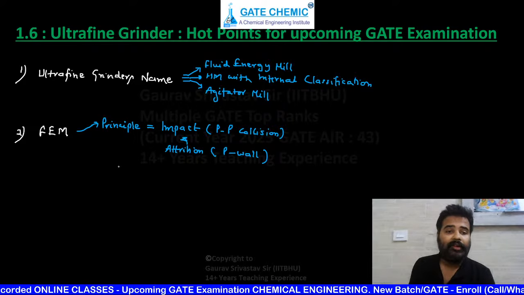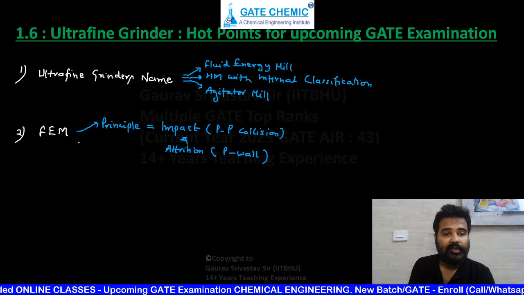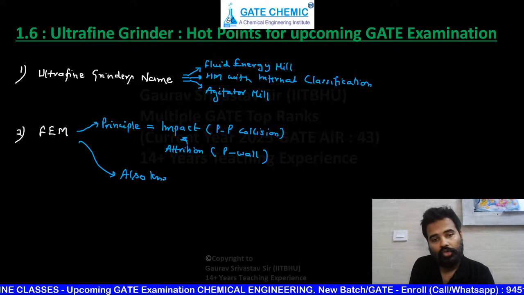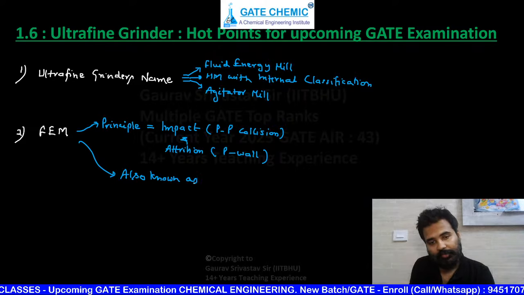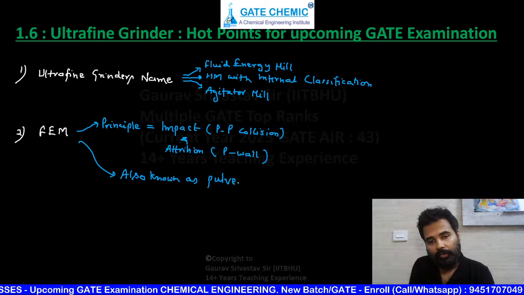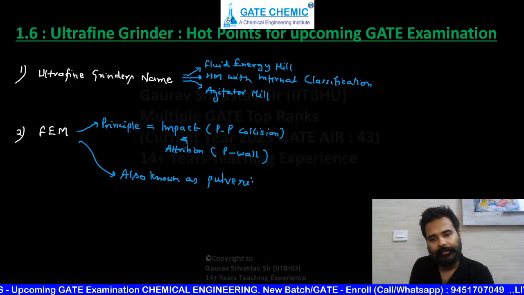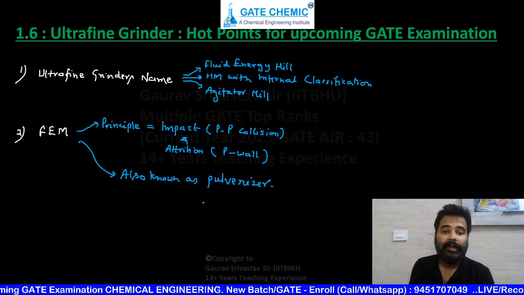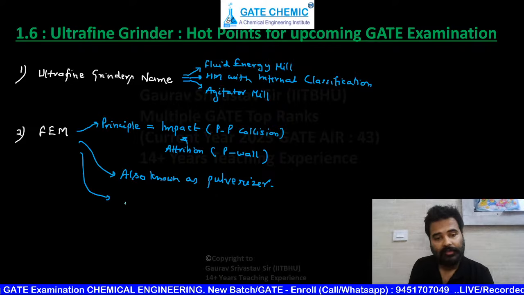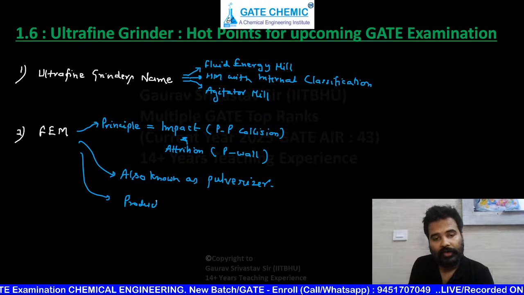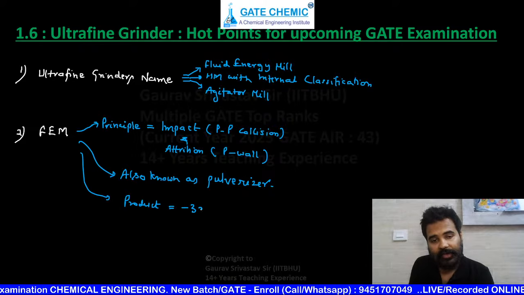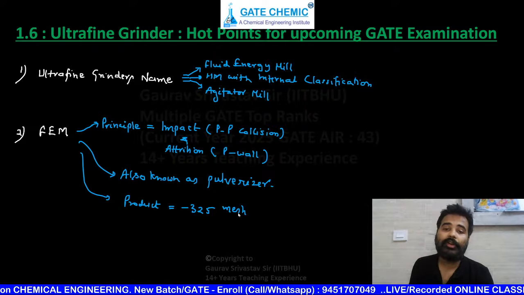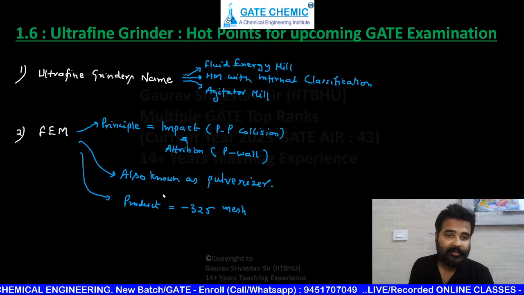Okay, and its other name is also known as pulverizer. It is also known as pulverizer, and its product size: it can give you product up to minus 325 mesh.